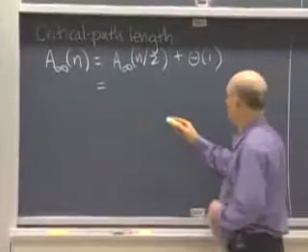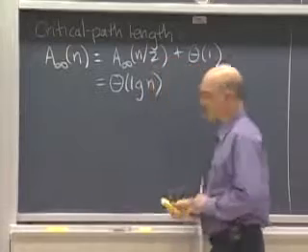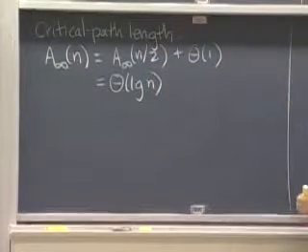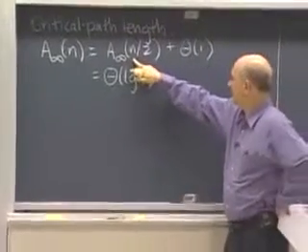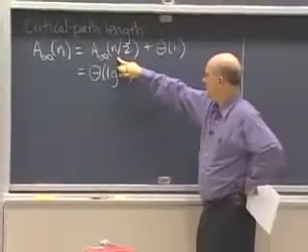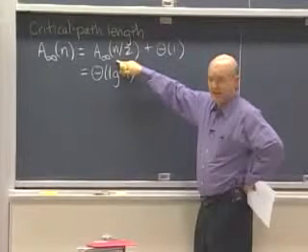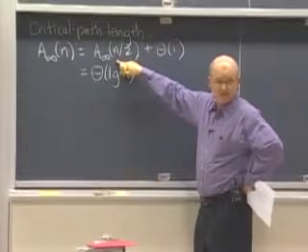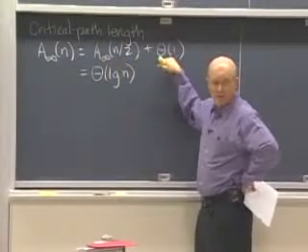That's theta log n. Once again, master theorem case 2. Because the solution to this is n to the log base 2 of 1, which is n to the 0. So on this side we have 1, and here we're comparing it with 1.